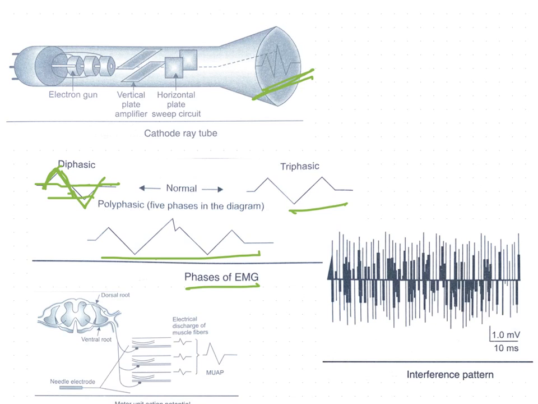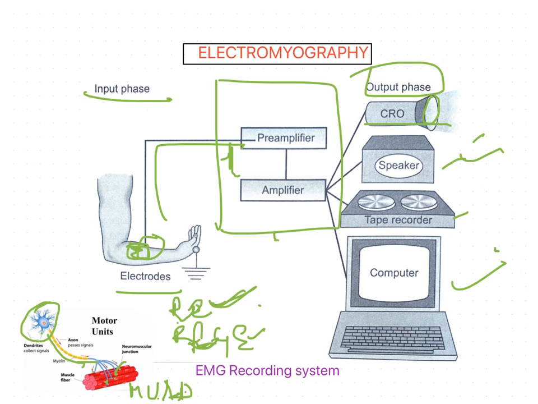But this oscilloscope does not provide a permanent record. It only allows the signal to be displayed for a few seconds for visual inspection. However, if it is connected with speakers as well as a computer, we can record the sounds of that motor unit potential, and the waveform which is displayed can be stored as data in the computer.